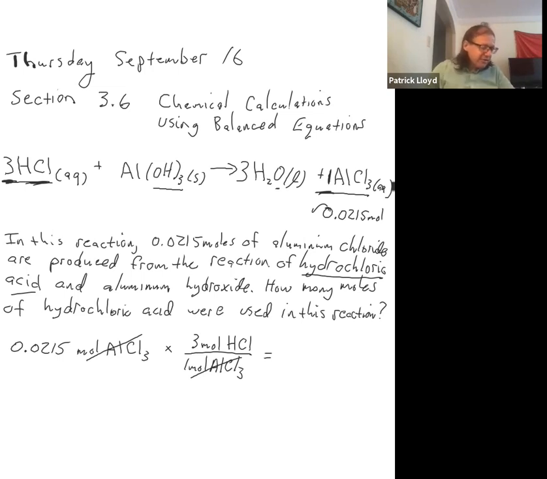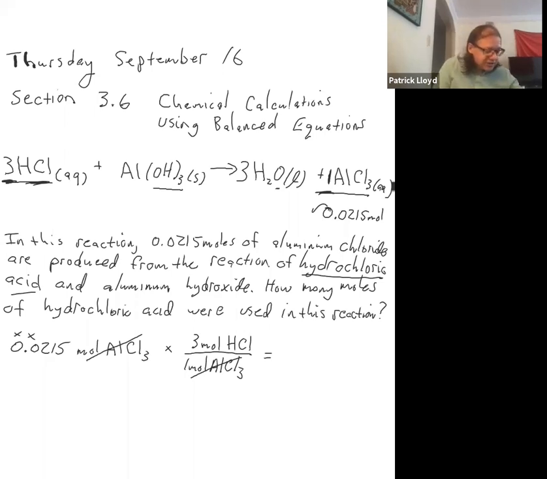So if you take a look at the 0.0215, that actually has 3 significant digits, 3 significant figures. Why? Leading zeros never count for sig fig calculations. They're just placeholders. So it's just a power of 10. So that doesn't count. But the 2, the 1 and the 5 count.